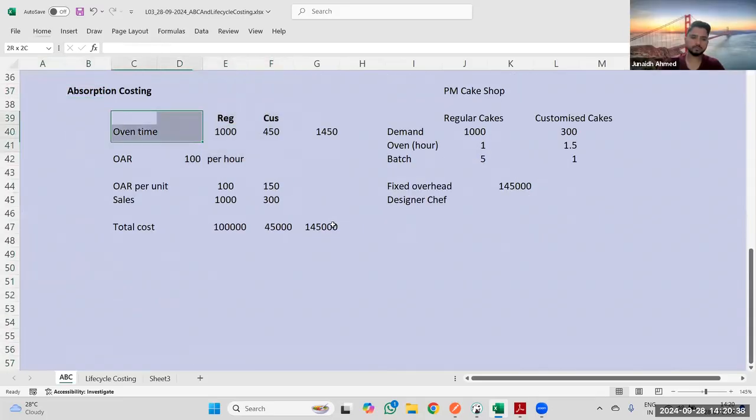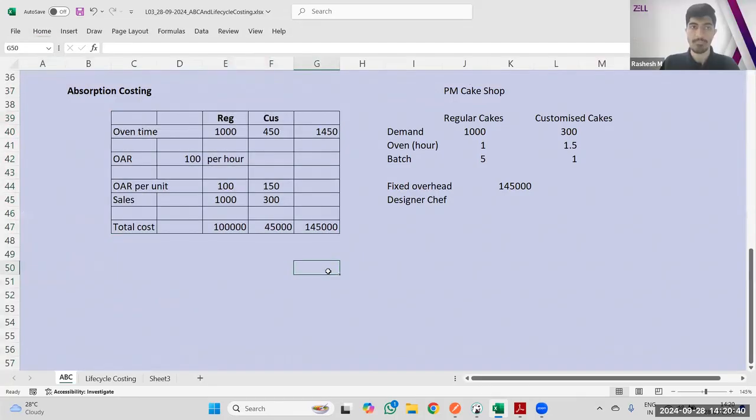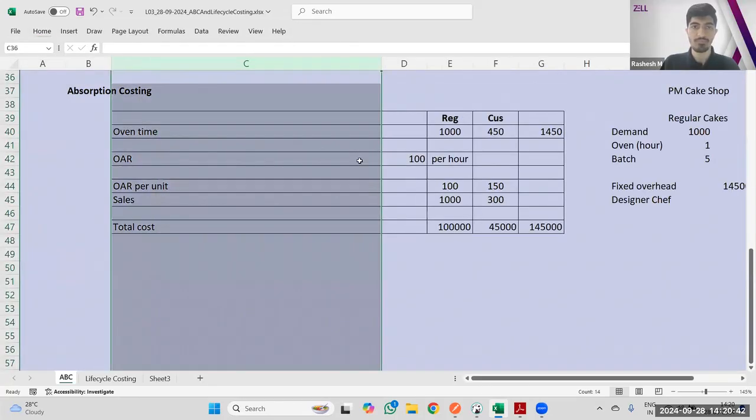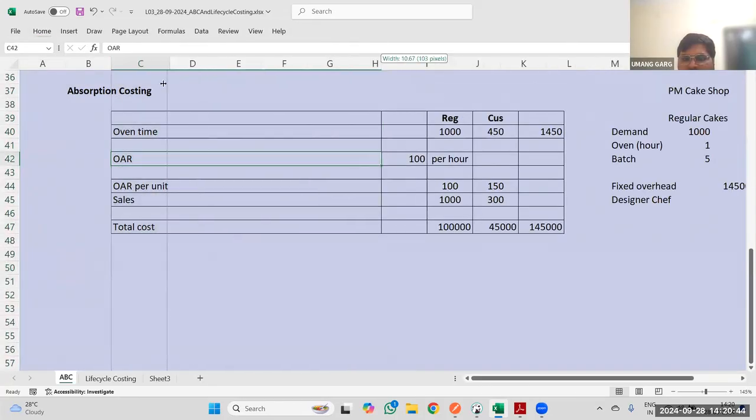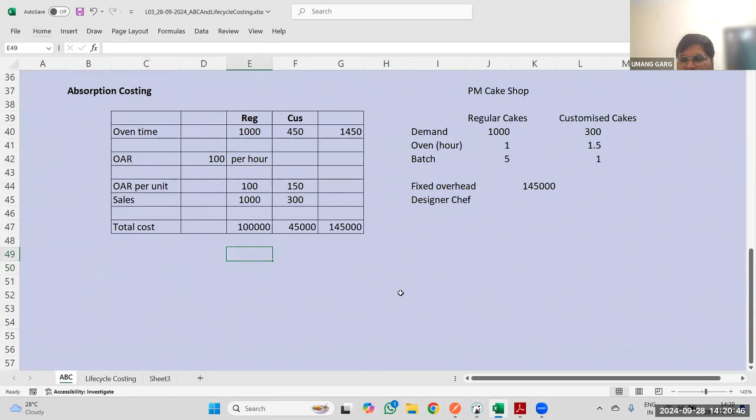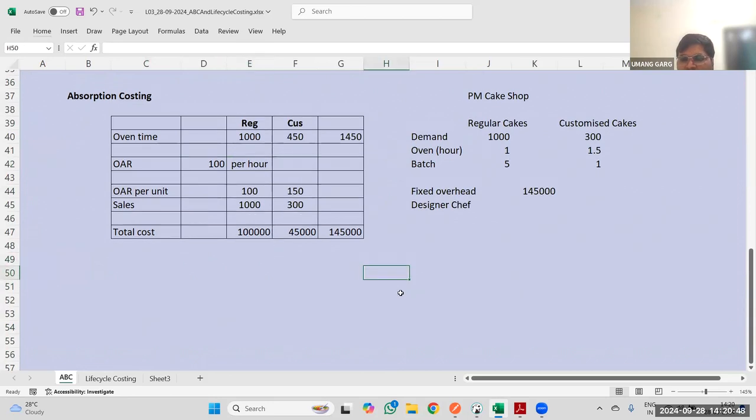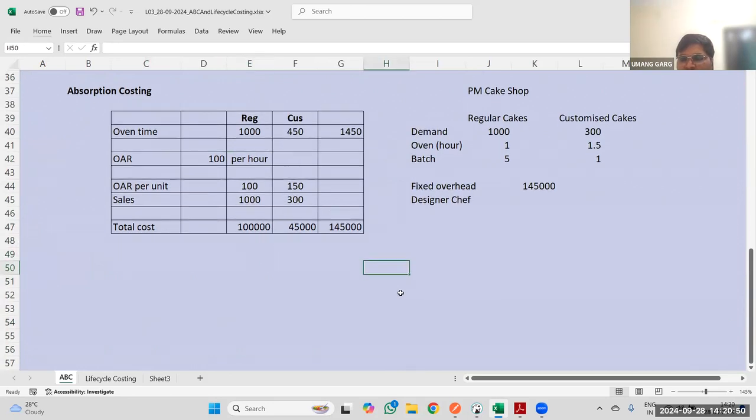There's one confusion. That OAR per unit we have found for regular cake is 100, but we are producing a batch of 5. So basically per unit it will be 20 OAR? No, this is 1,000 cakes. Cakes will go in the oven one by one. In 1 hour are we producing 5 cakes or 2 cakes?